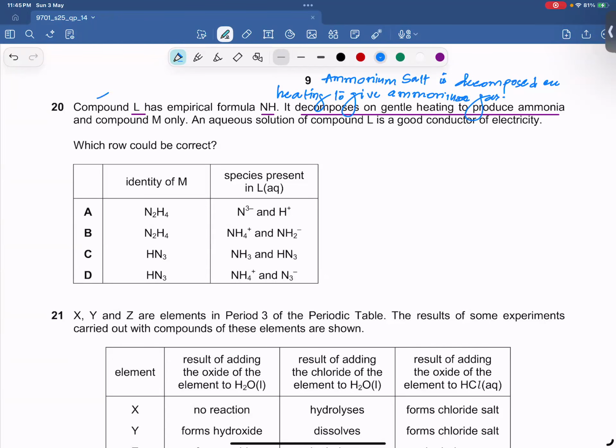Which means this compound L is basically an ammonium salt, which means this salt contains ammonium ions. So this one is wrong because it doesn't have any ammonium ions.